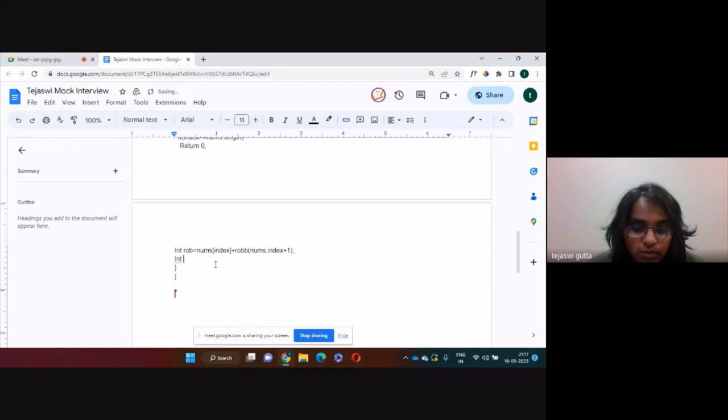Int no rob is just moving forward without making any profit because we are not robbing the house. And then we return maximum of rob and no rob.